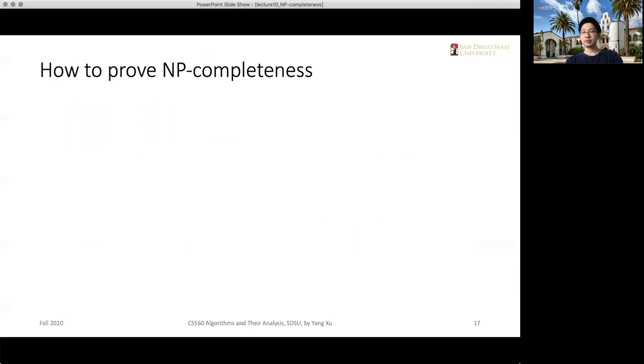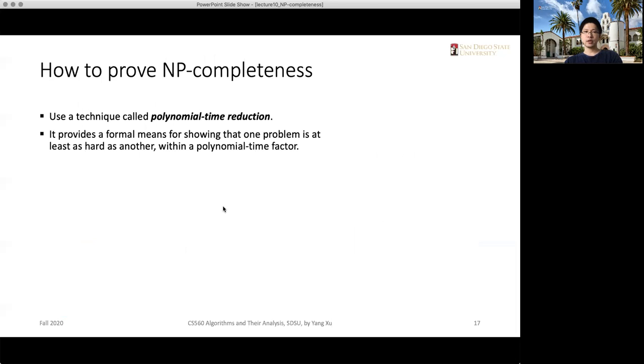All right. So we have introduced several NP-complete problems so far, and we can use those different types of NP-complete problems to help prove NP-completeness. The technique we're going to use is called polynomial time reduction. It provides a formal way to show that one problem is as hard as another, within a polynomial time factor.